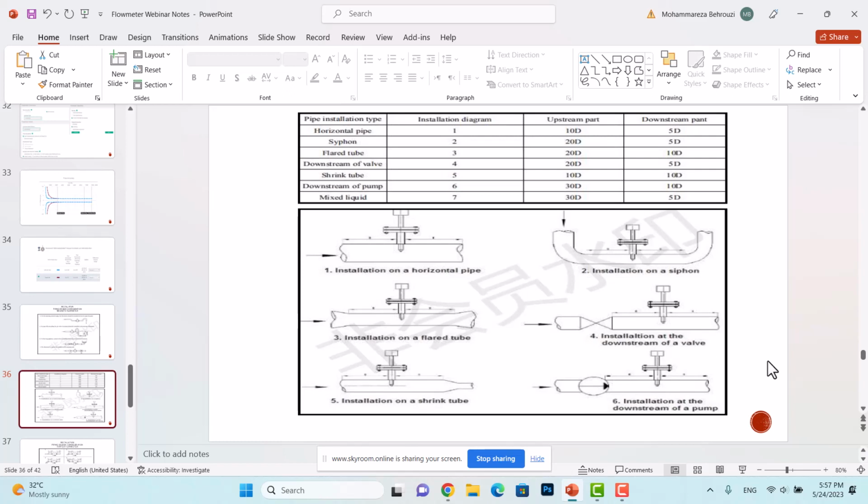There should be a distance between the equipment and the downstream flow meter, or between the equipment and the upstream flow meter. What is this distance exactly? There is a table for magnetic flow meters. For instance, if the magnetic flow meter is going to be installed downstream of the pump, the distance between the pump and the flow meter is 30 times the diameter of the pipe, and the distance between the flow meter and the downstream equipment should be 10 times the diameter.